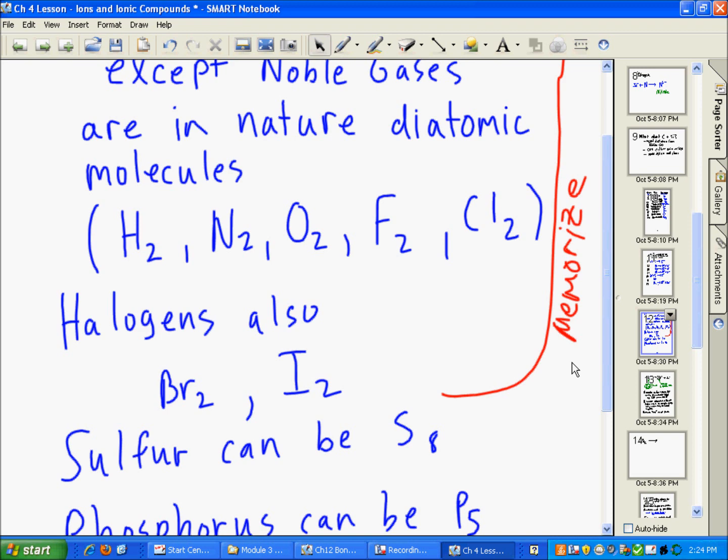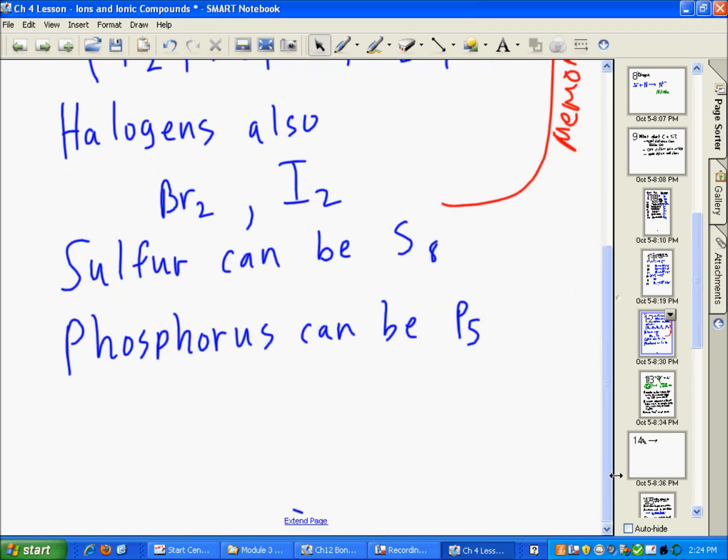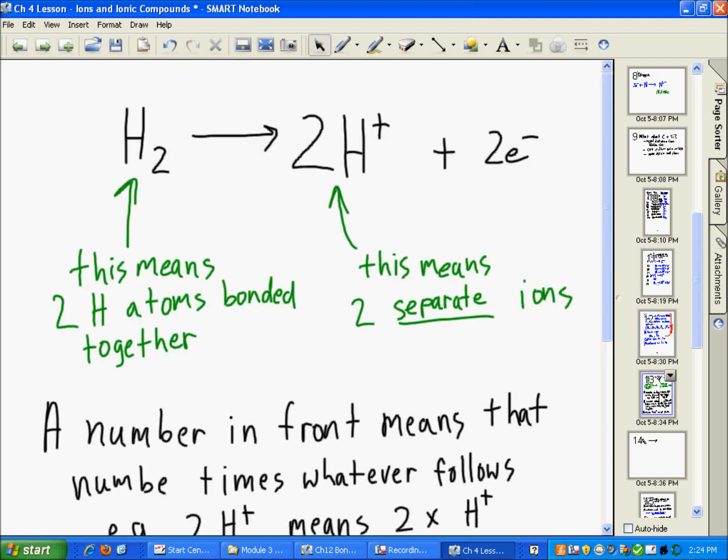And sulfur, you don't have to remember these two, but just for your information, sulfur is sometimes S8 and phosphorus is sometimes P5. But I won't require you to remember those ones. Now, knowing that, if hydrogen in nature is found as H2, we also need to be able to write the ion formation equation.